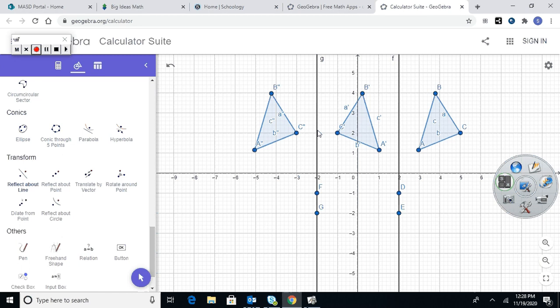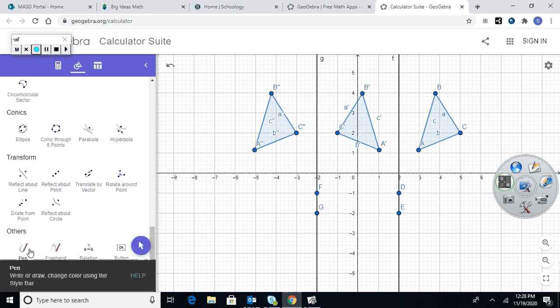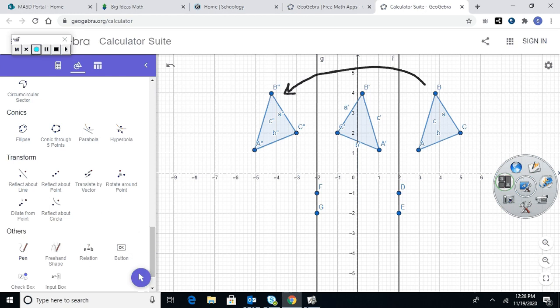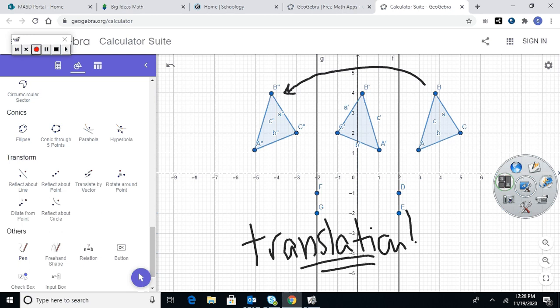So the phenomenon that occurs here, my friends, is that to go from the pre-image to the end result, it's actually a translation. Yes, indeed. You can see the orientation of the pre-image and the image are the exact same. It just moved. So when you reflect along parallel lines, the result is a translation.